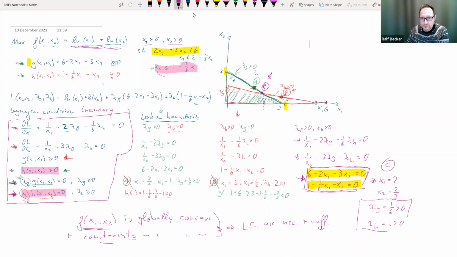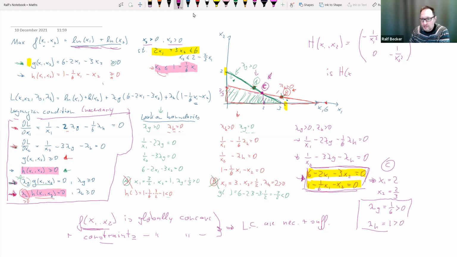The Hessian for that function, and you could confirm this is correct, is negative 1 over x1 squared, negative 1 over x2 squared. You can see that from example 4 on constrained optimization, because it's the same here. So that's the Hessian.